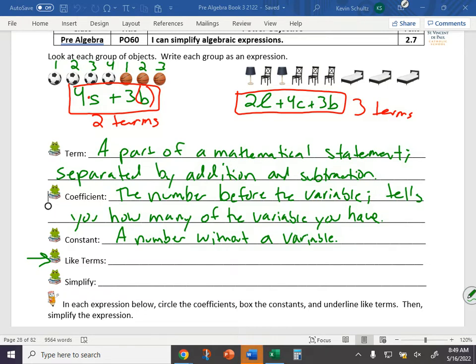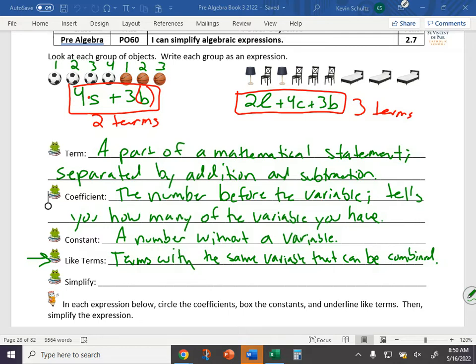Like terms are terms with the same variable that can be combined. Terms with the same variable that can be combined.